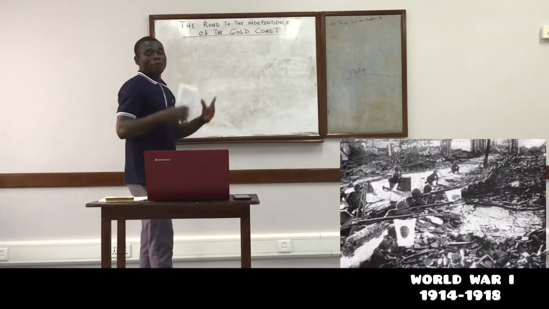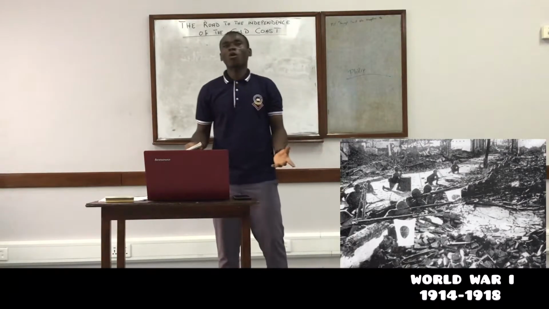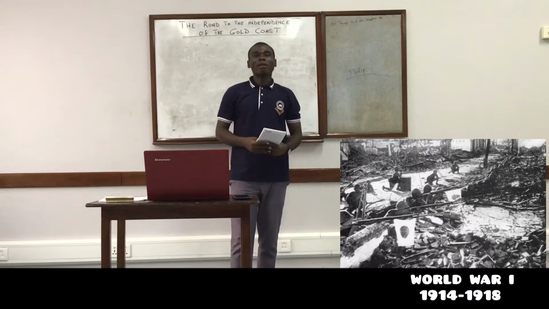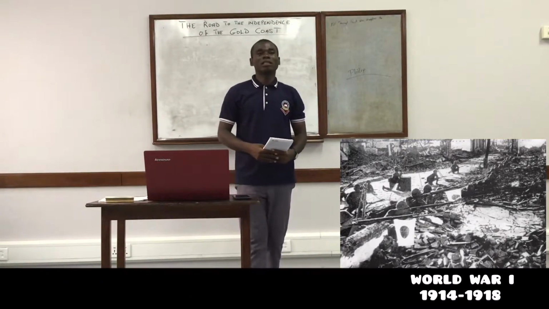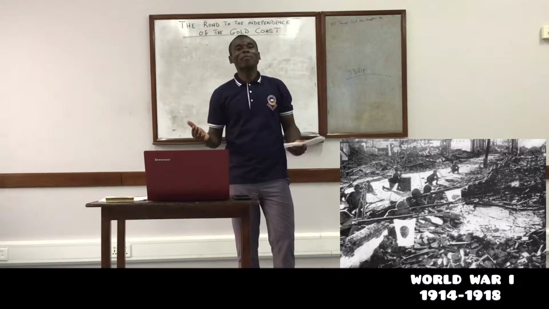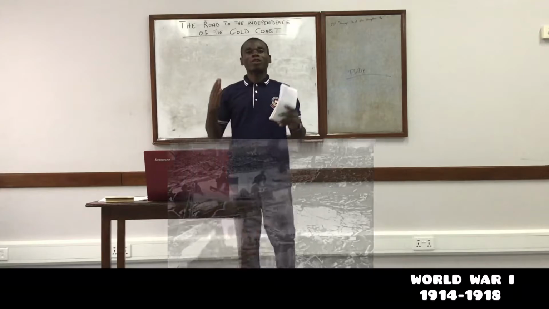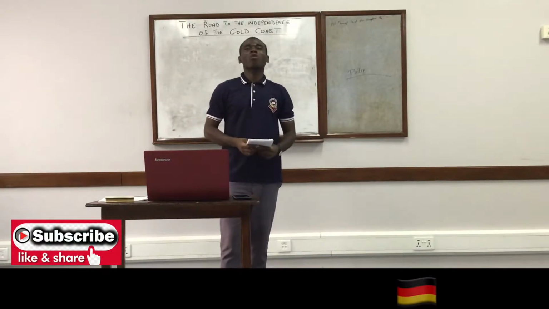After the First World War, as I said, the Germans lost, and their colonies around the world were confiscated by the League of Nations. The League of Nations was an organization formed after the First World War to prevent the Second World War. So this organization confiscated the colonies of the Germans across the whole world.